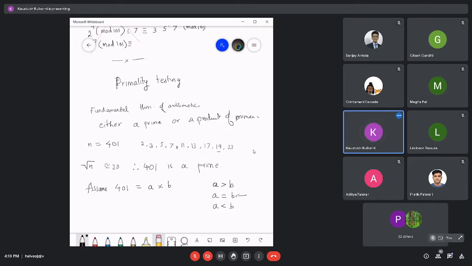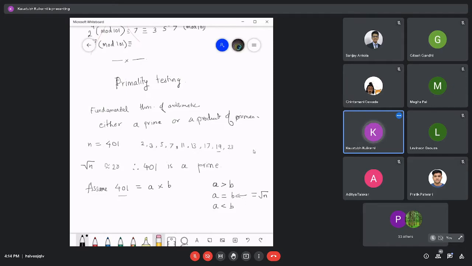Consider this possibility: if A is equal to B, then your n will be a perfect square. So in this case, A will be equal to B will be equal to square root of n. Okay, n will be a perfect square and A and B both will be square root of n.